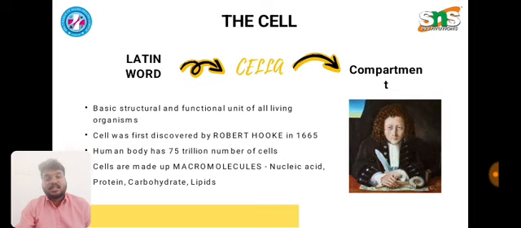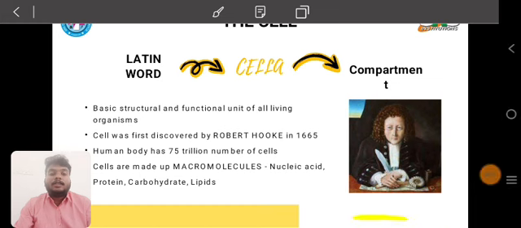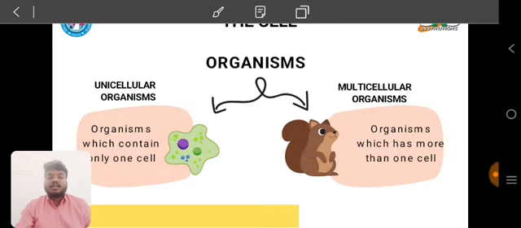The human body has 75 trillion cells, and it is made up of macromolecules like nucleic acids, proteins, carbohydrates and lipids. The word cell is derived from a Latin word cella, meaning a compartment. There are unicellular organisms and multicellular organisms.